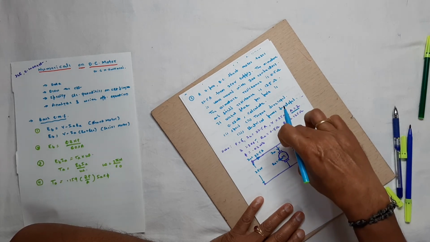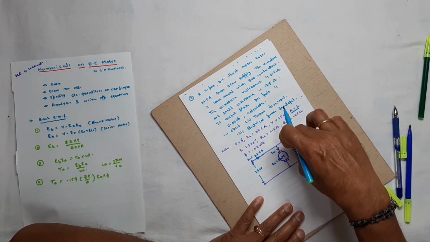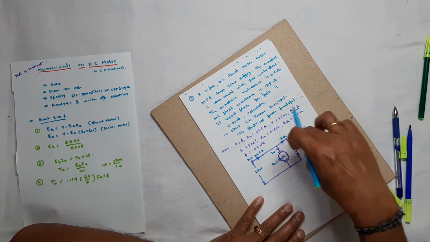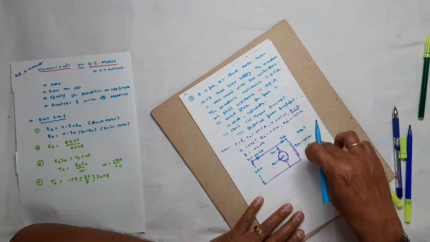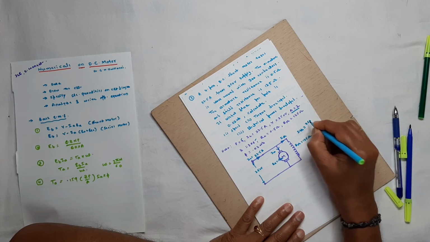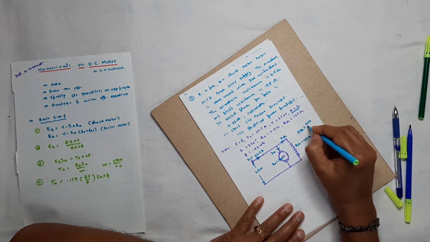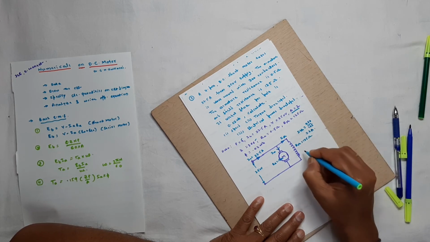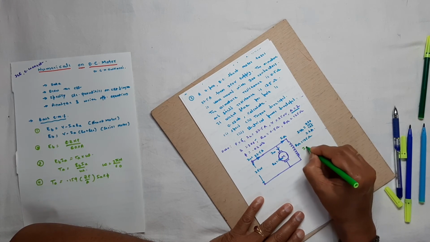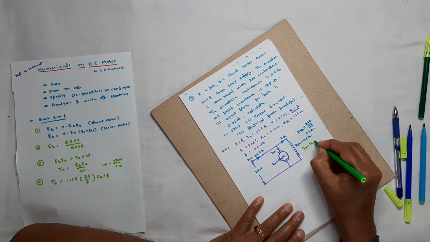It is the voltage across the field resistance divided by the resistance of the field. That is 250 divided by 125. Therefore, it is 2 amperes. Therefore, IA is equal to IL minus ISH.